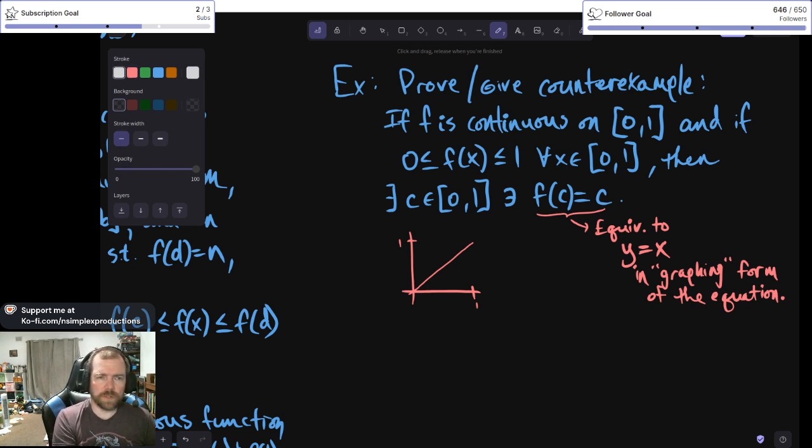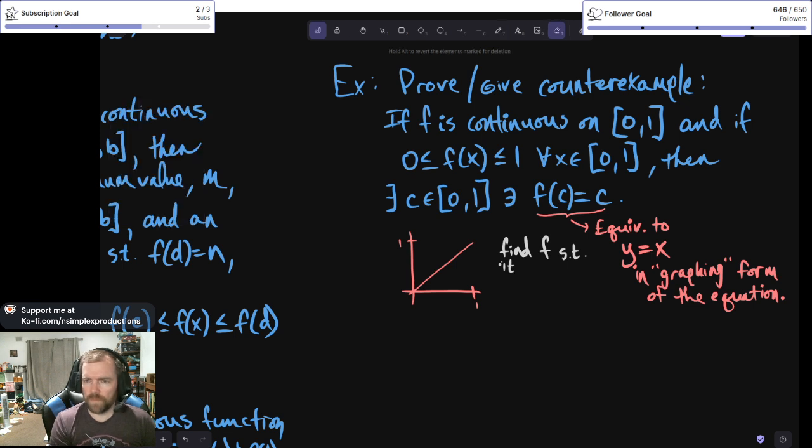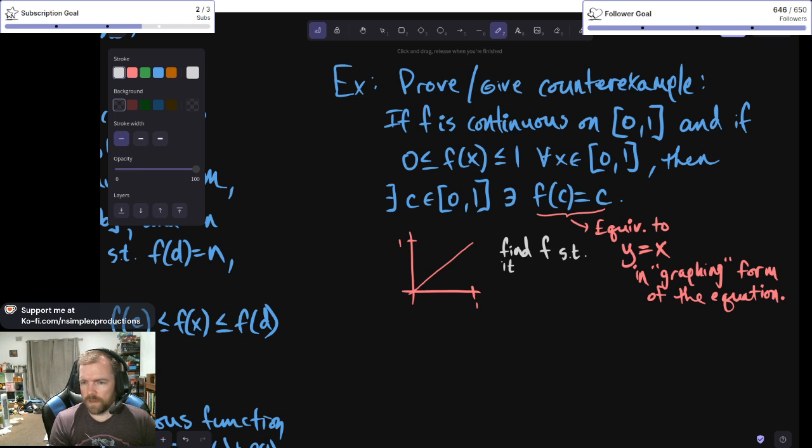Then what we should be able to do is find some f such that it goes from x equals 0 to x equals 1 without intersecting, use real words, without intersecting y equals x.